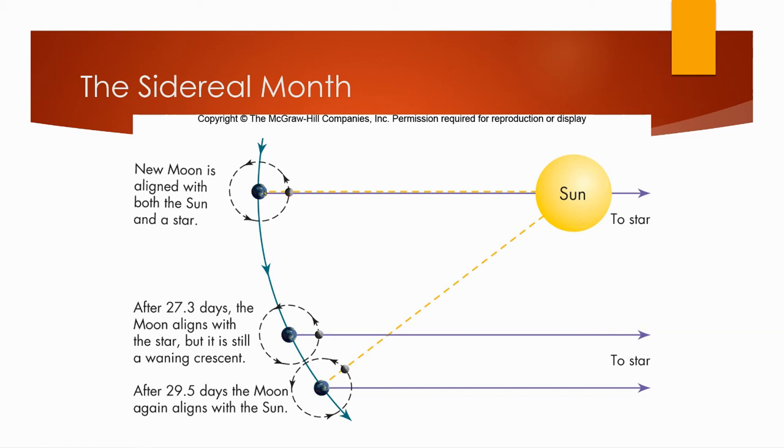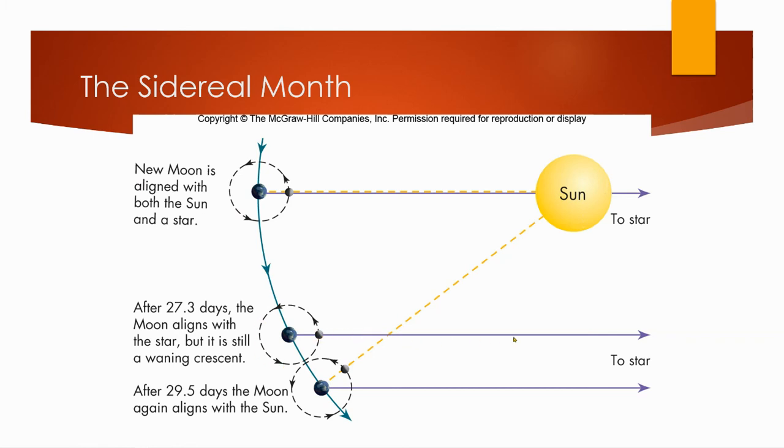What happens is it takes the moon 27.3 days to orbit the Earth. That is a sidereal month. 27.3 days is a sidereal month. So as you can see, it starts orbiting. It takes 27.3 days to get back to the same spot.